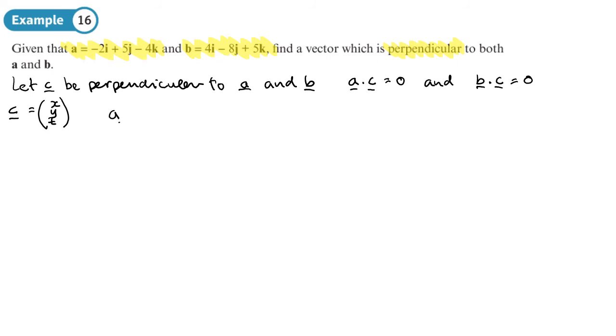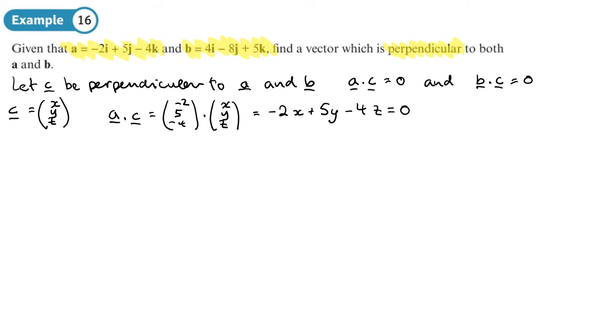So let's start by working out the dot product of A and C. So it's going to be -2, 5, -4 dot x, y, z, or x, y, z if you're American. So that gives me -2x plus 5y minus 4z equals 0.